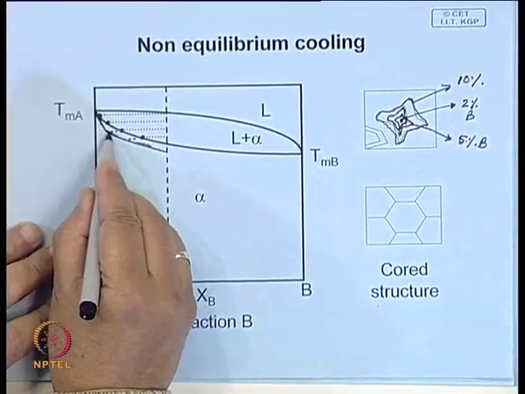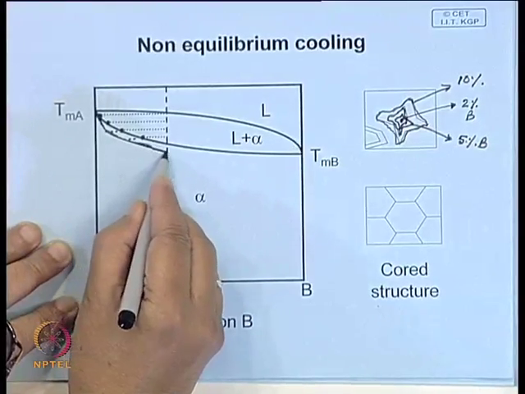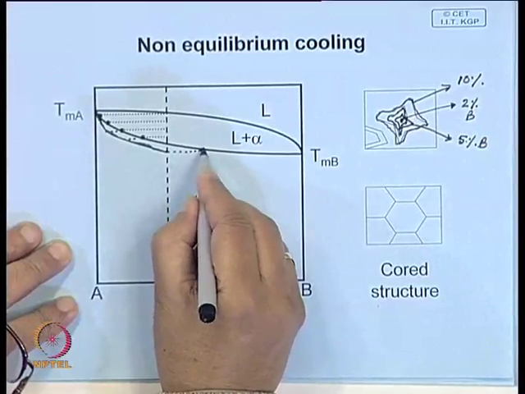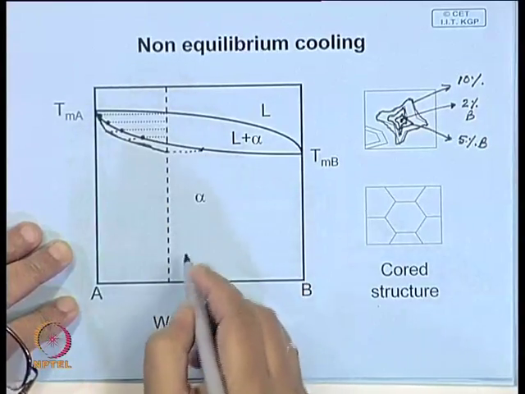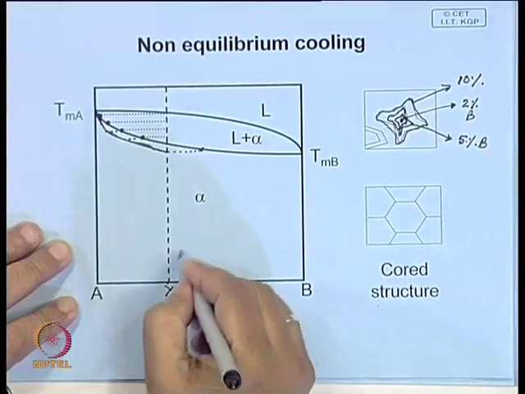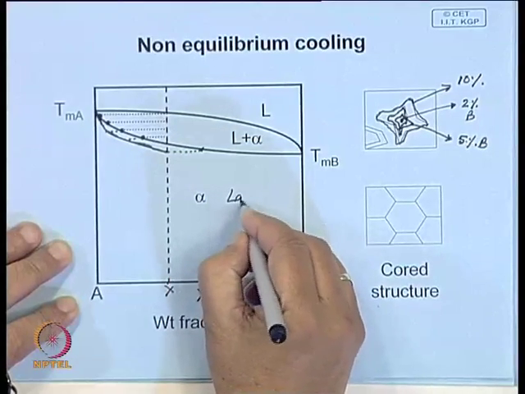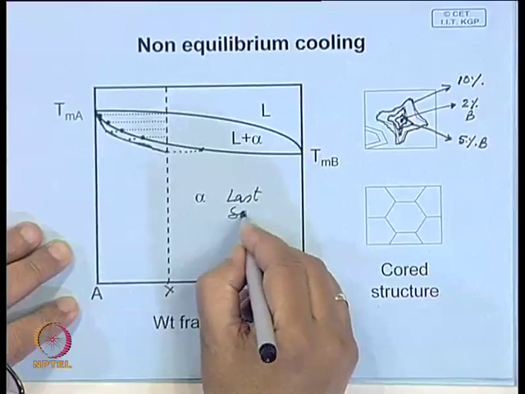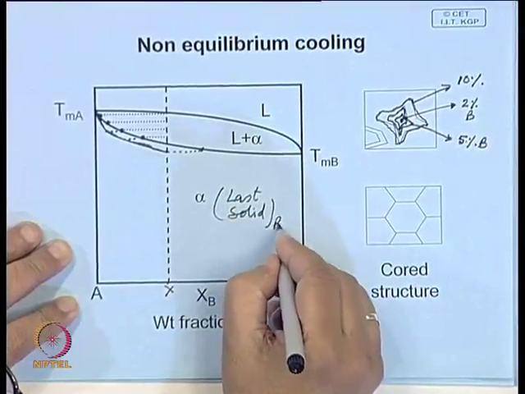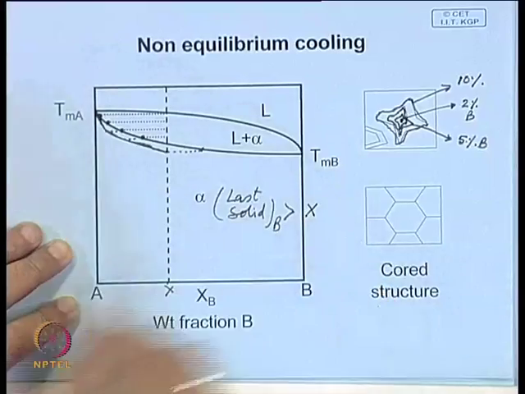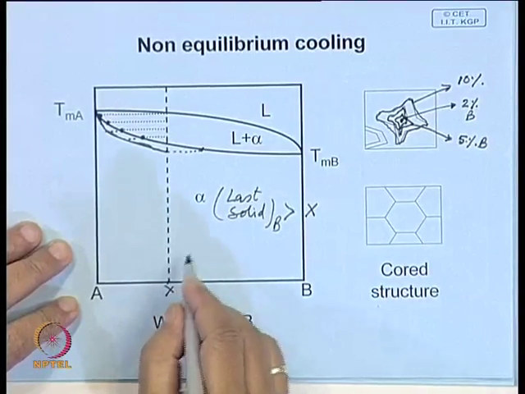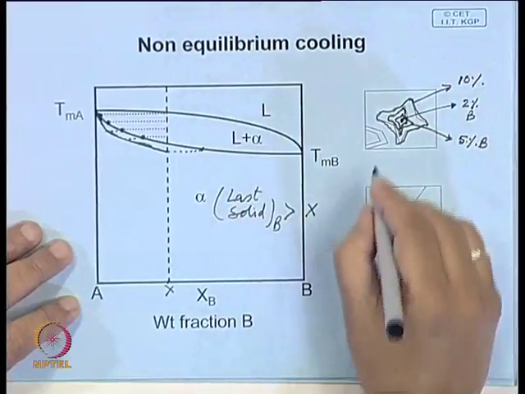Therefore, the average line follows this, and the last liquid which solidifies will have a composition richer than even the last solid, with more B. So, B in the last solid will be greater than the average composition of the alloy, and this phenomenon is known as coring.